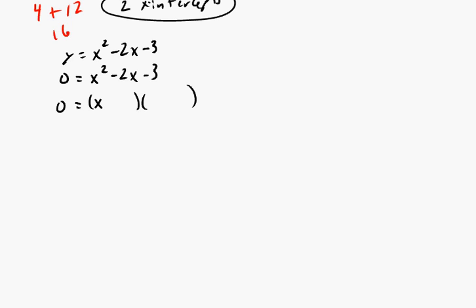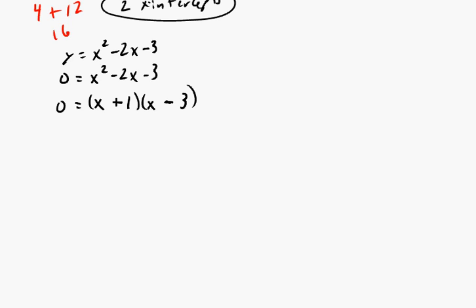If this factors, then these 2 terms would have to be x, and these 2 terms would have to multiply to give us minus 3. Since 3 is a prime number, these 2 factors have to be 1 and 3. And if we make the 3 negative and the 1 positive, then the outside terms would multiply to give us minus 3x, and the inside terms would multiply to give us 1x, and minus 3x plus 1x would be minus 2x. And of course 1 times minus 3 is minus 3.